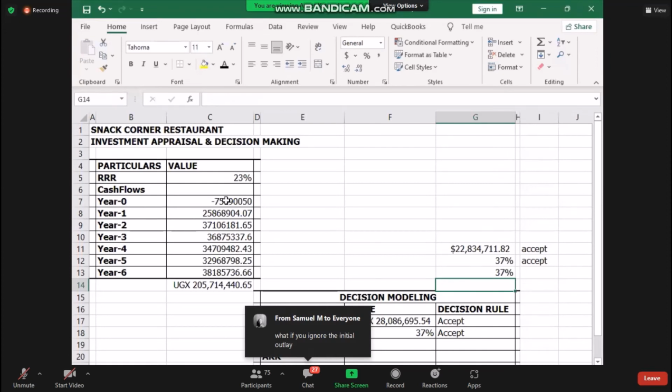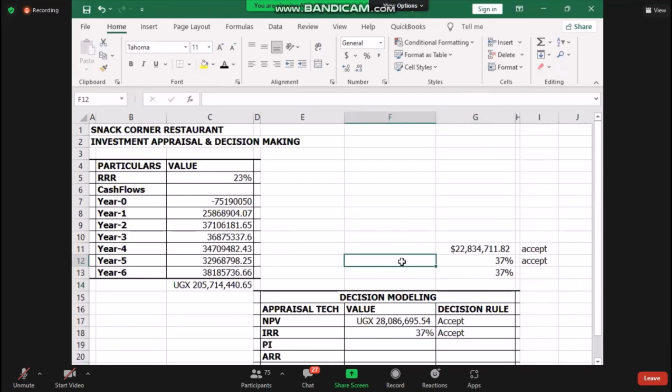Year 0 is a negative, and all the other ones are positive. The rate is 23%. And if you try to determine IRR, equal sign IRR, open brackets, pick on these values, close your bracket, it gives you the percentage here.